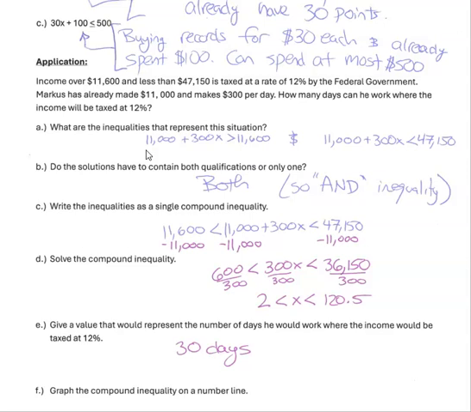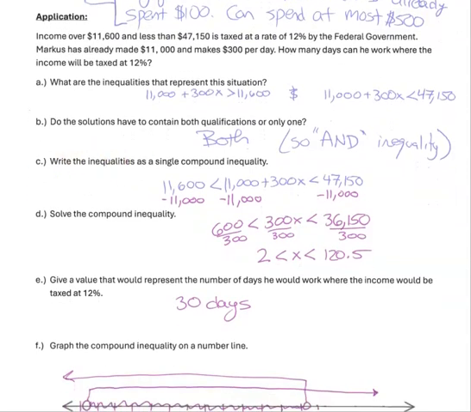So this application right here, we were talking about income and how much taxes you pay at the federal level. We talked about that the first certain amount of money you make is only taxed at 10%, then it goes to 12% for the next amount, and then for the next amount it goes to 22, then 24, and so on. They're called tax brackets. So I believe it is going up to $11,600 of income, you're being taxed at 10%.